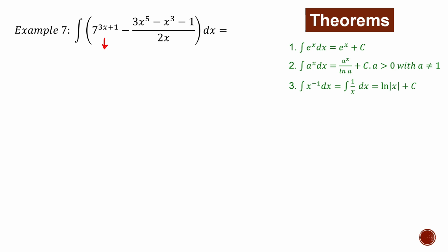We understand that this is the same as 7 raised to 3x times 7, right?